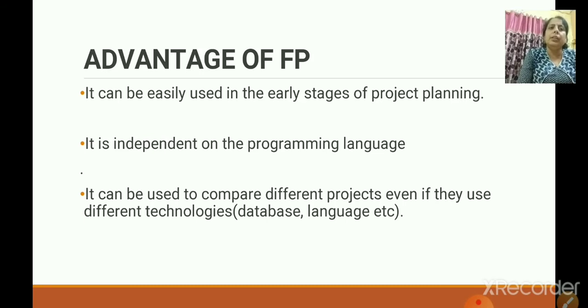In FP the main use is functions, so the programming language cannot change the size of a program. It can be used to compare different projects even if they use different technology. Even if the programming language or technology differs, the size will be the same.